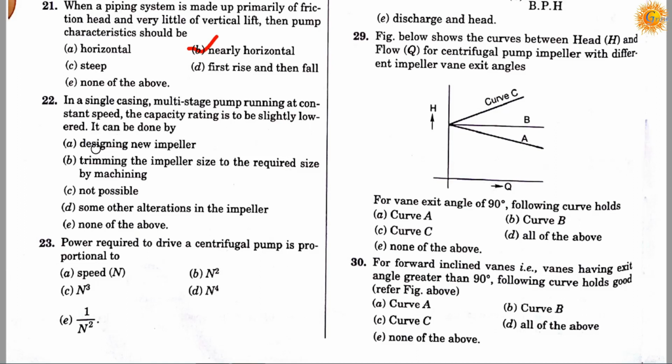It can be done by option A, designing new impeller, option B, trimming the impeller size to the required size by machining, and option C is not possible. Option D is some other alteration in the impeller, and option E is none of the above. Correct answer is B, trimming the impeller size to the required size by machining.